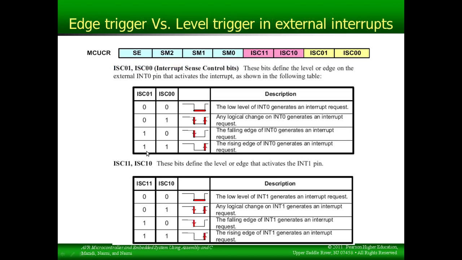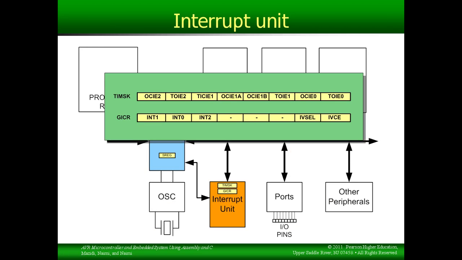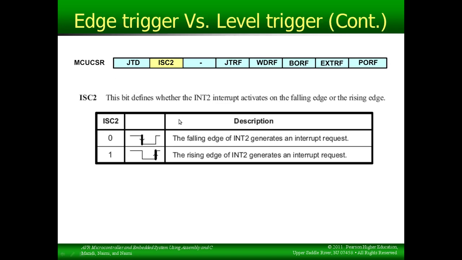So let's look up just to see what I mean by that. Where was that GICR register? Okay, here it is. And you can see that INT0 for this microcontroller is bit 6. So when the compiler sees INT0, it's going to replace that with a 6, and that's defined in the interrupt library.